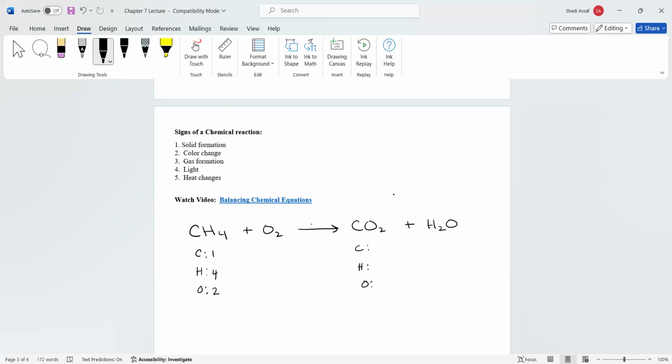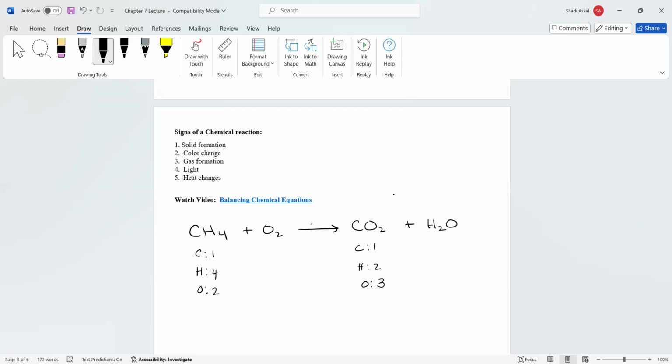On the other side, we have one carbon, two hydrogens, and then look here, you have two oxygens, and then you have one here. So that's three. Two oxygen and one from here. That makes it three. So now you want to use the smallest numbers possible to balance the equation.